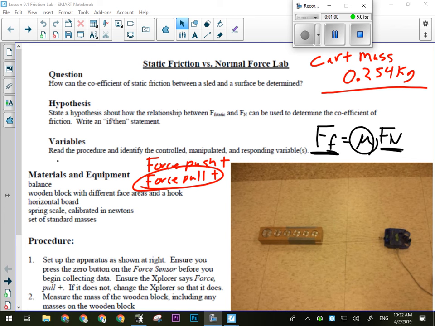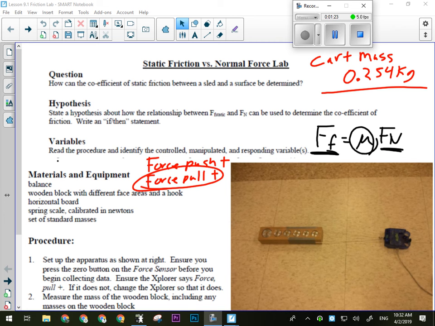So, this is what we're going to be using, and we're going to be finding the coefficient of friction between the friction sled, the bottom of this block, and the floor. Basically, we'll be doing a series of trials where we put different amounts of mass in the block and then pull it and measure the force that it requires to get it moving.